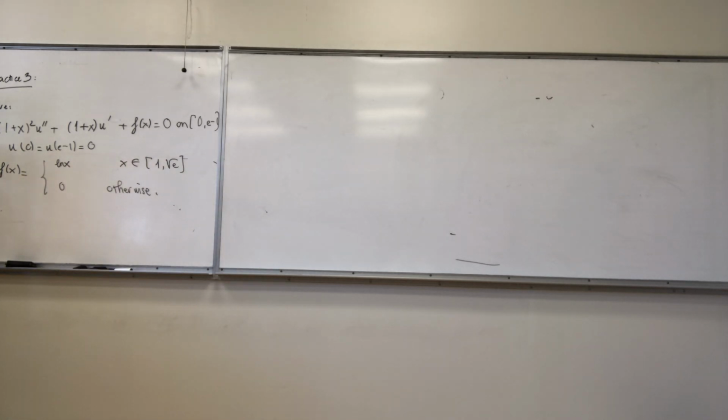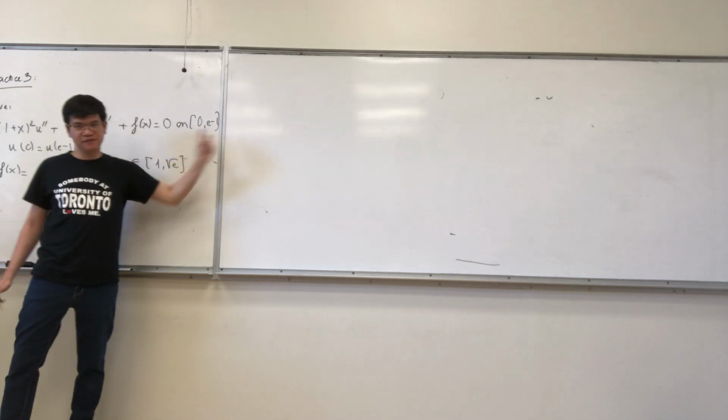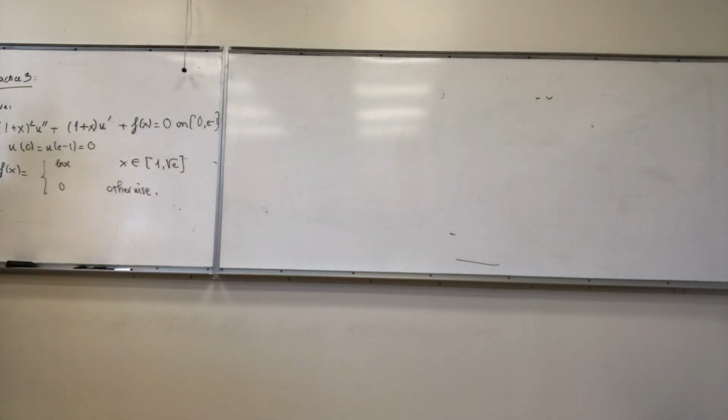Now, this is the problem that we need to solve. You have (1 plus x) squared u double prime plus (1 plus x) u prime plus f(x) is 0 on this interval. You have the boundary condition at 0 and e minus 1. And this is the source term.